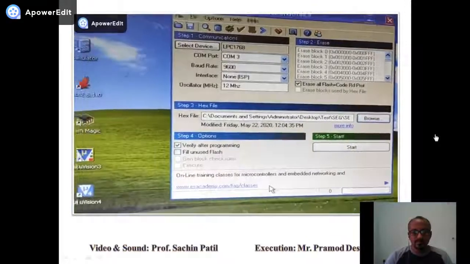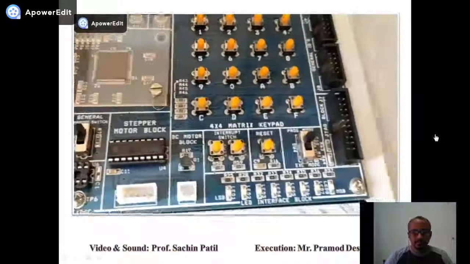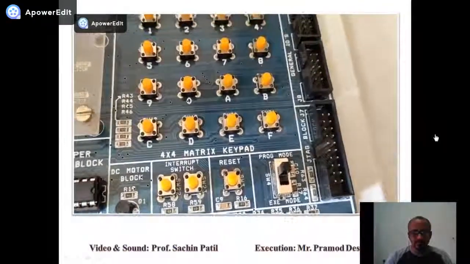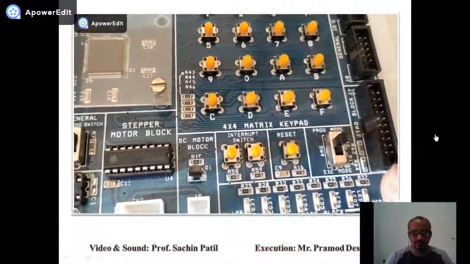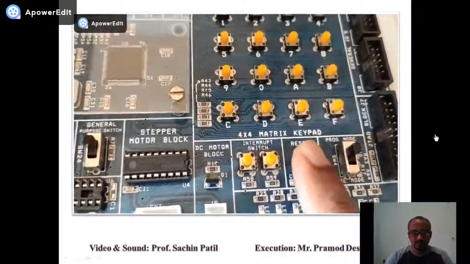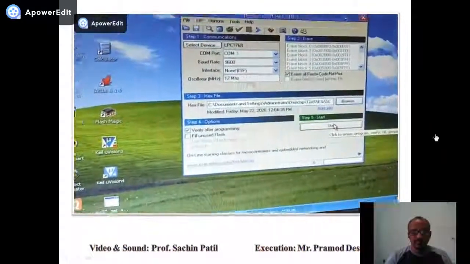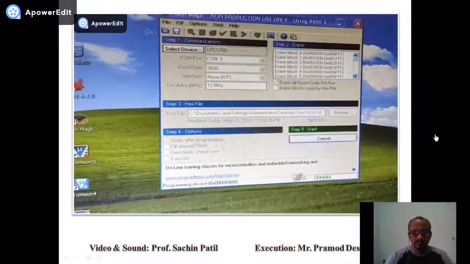We browse it, and on the target board we have two options, program mode and execution mode. Every time we have to keep it in program mode while dumping the code, and we have to press the reset button. After pressing the reset button, we start dumping the code.